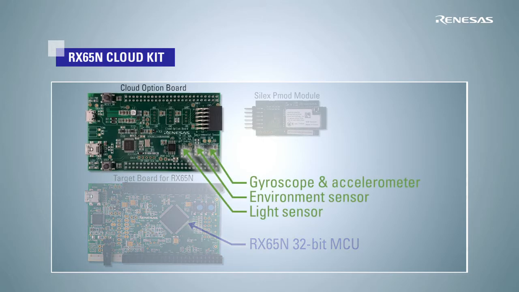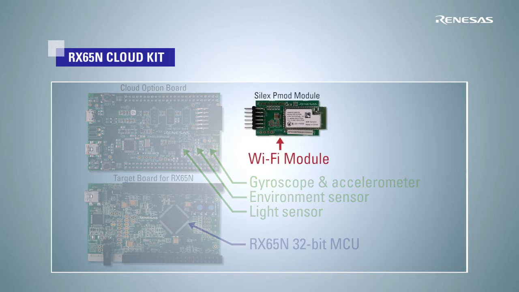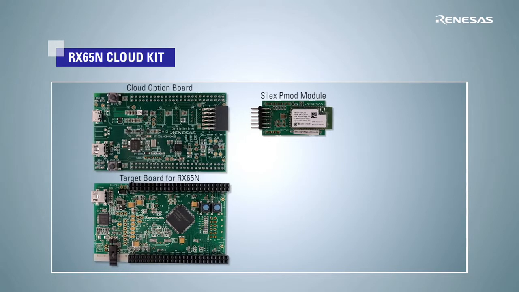A light sensor, an environment sensor that can measure temperature, humidity, and air pressure, a 3-axis acceleration sensor, and a 3-axis gyro sensor are mounted on the option board. Network communication can be performed using the Wi-Fi module, which can connect to the PMOD connector on the option board.